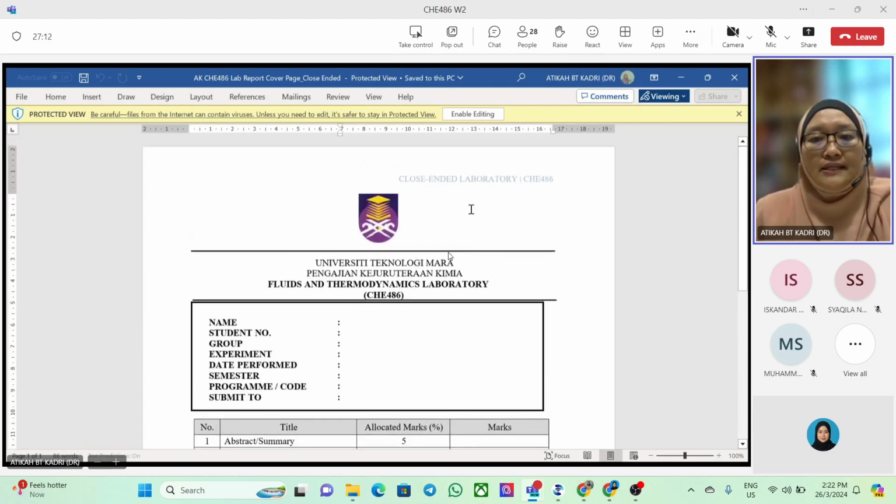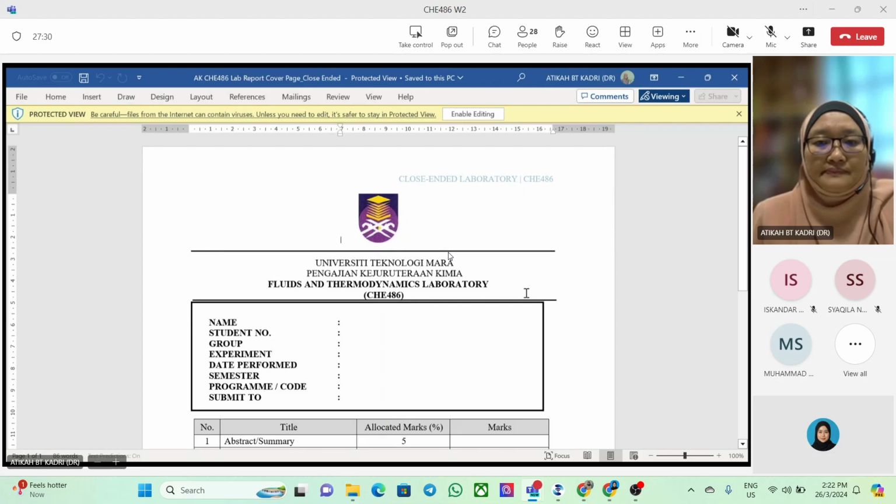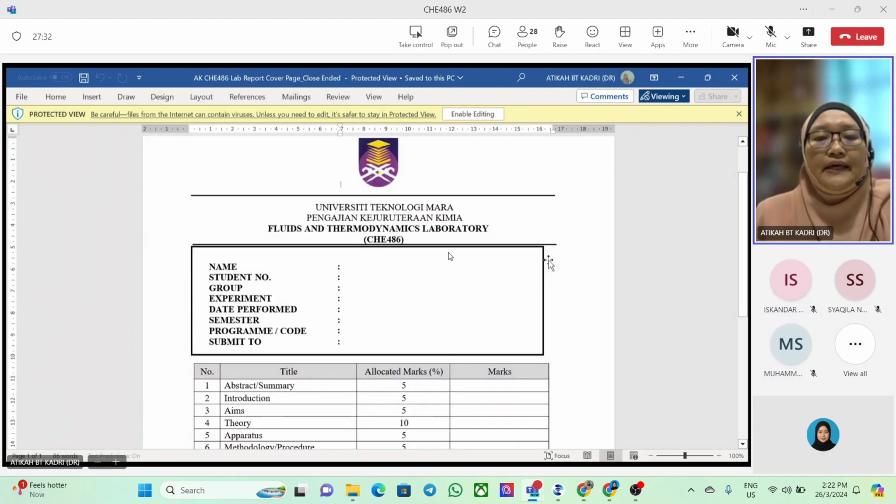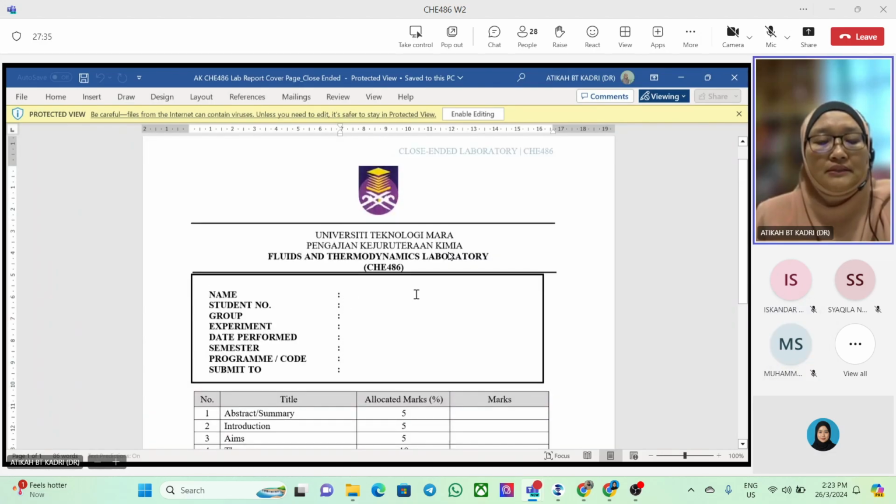So for the close-ended laboratory, I mentioned to you it's going to be attached with a manual. Sorry, not a manual, but a manuscript. For you to submit your manuscript, you must have this as your front cover. Are we okay? The name here could be an individual or the leader of the group, because for the close-ended lab there will be two types of preparation.